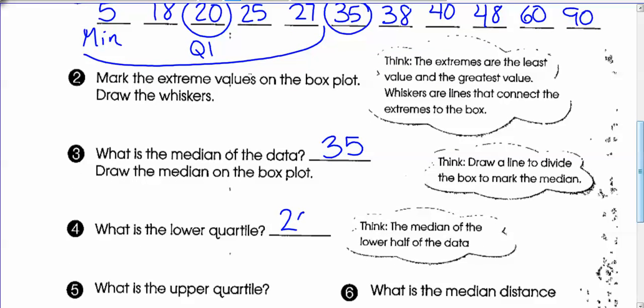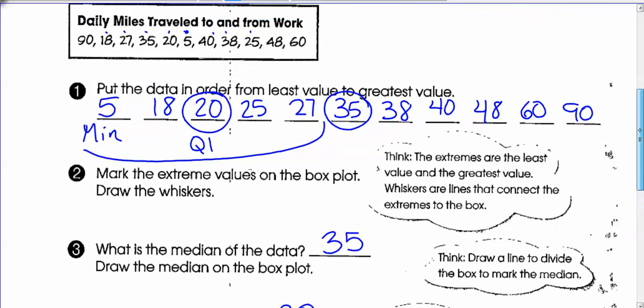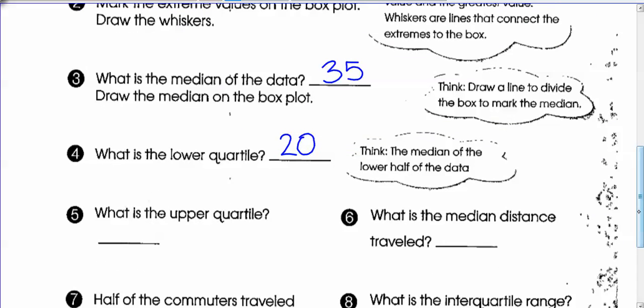Well, I guess we'll just fill in for 20. Okay. And then question 5 says, what is the upper quartile? So we're going to, again, look at these numbers above our median, find the middle of those numbers, which would be 48. So the upper quartile is 48.